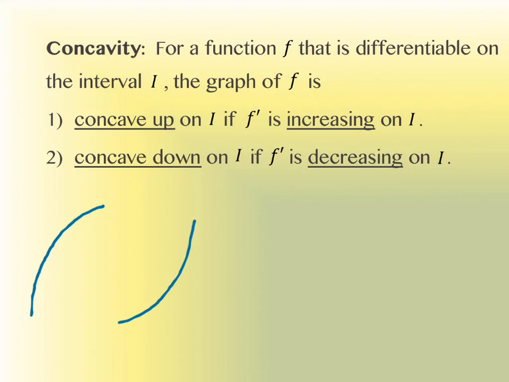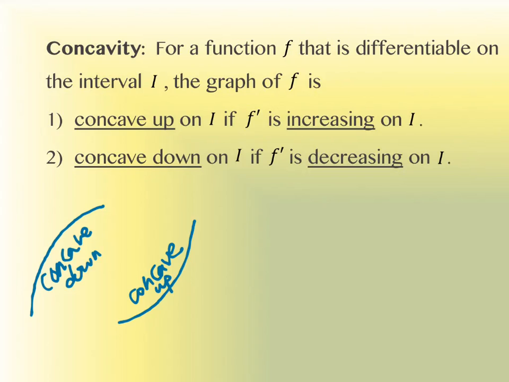It's flattening out. This graph right here, the first one, is called concave down because the slopes are getting flatter as you go. The second graph is called concave up, and you can identify that the slopes are getting steeper as you go up.